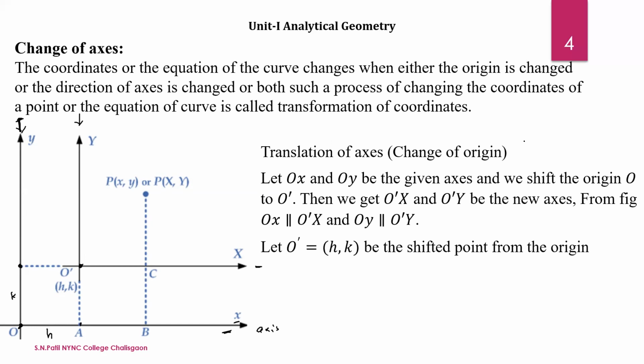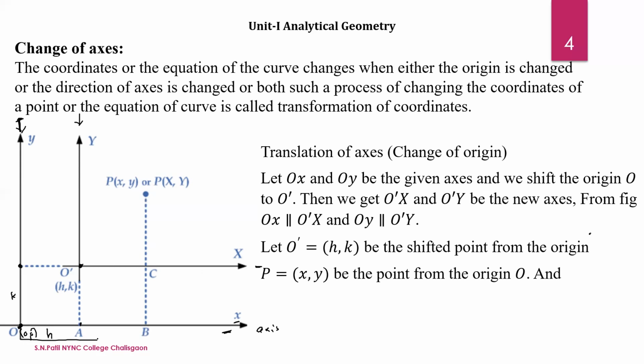Now O dash, as we told already, having coordinates h, k, is shifted from the origin. Here the origin coordinates are 0, 0, and we shift this new point from the fixed point. Now we consider the point P, whose coordinates are x, y from the original origin.